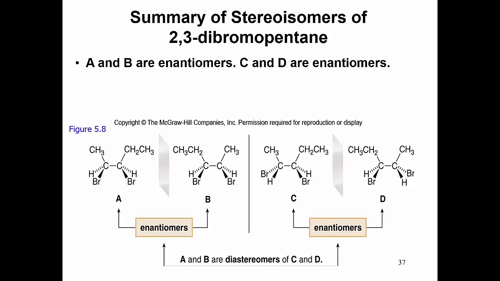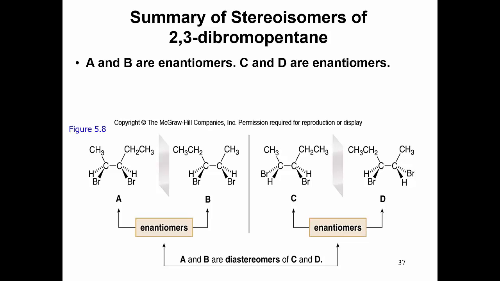Diastereomer describes the relationship of A to C and D, and of B to C and D. Got that? Clearly A and C are not mirror images, so they're diastereomers. Same for A and D, same for B and C, same for B and D. A and B are enantiomers, C and D are enantiomers.